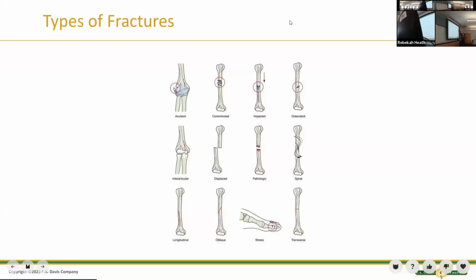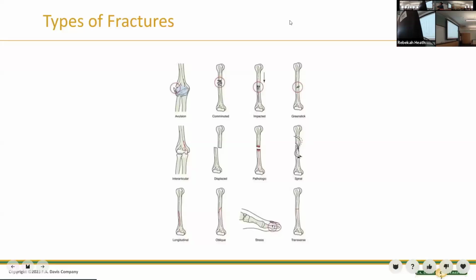Pathologic fracture, I think that's where there's an infection or a tumor, something causing it where it's not trauma, it's something pathologic that's causing the bone to break. Spiral fracture, that's where there's some sort of twisting motion on the bone, and you can see the fracture looks like it's going in a spiral, not a perfect one.